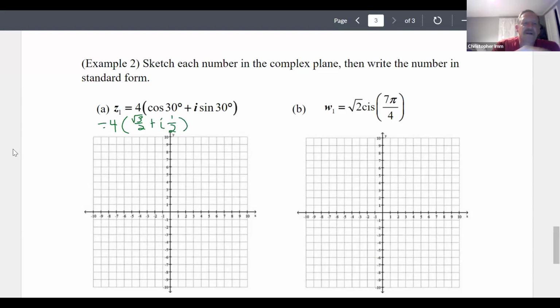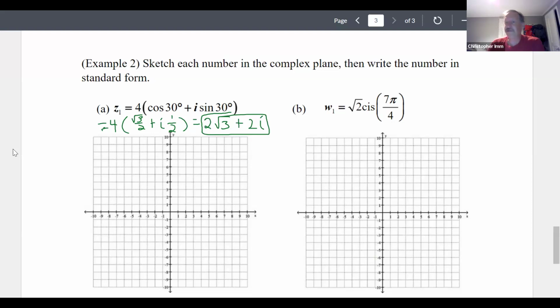So when I convert this back to standard form, I have the 4 and the 2 canceling, so I have 2 root 3 plus, 2's cancel, so 2i. So I'm going to use my calculator over here just to see how close I was. I know I erased that, but 2 root 3 is about 3.46.